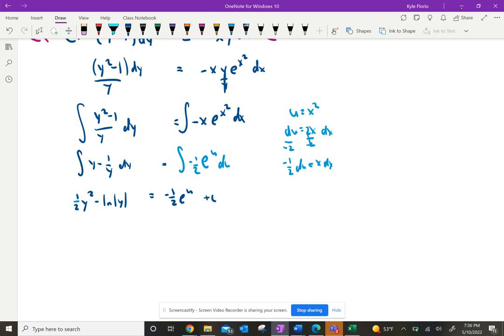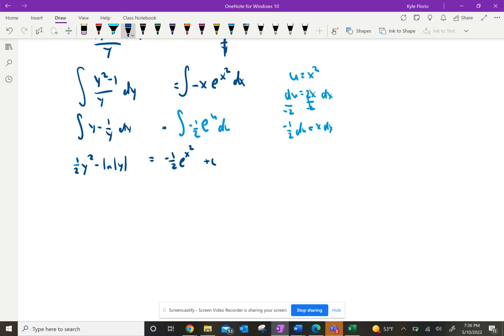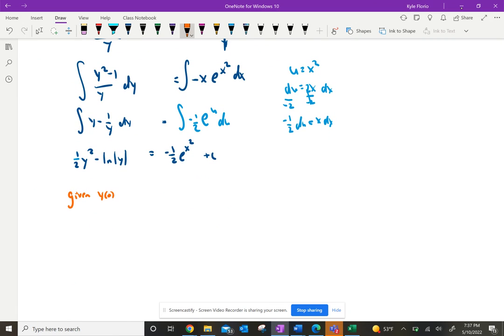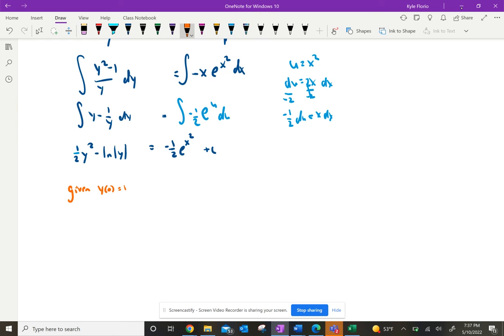Now replace u with x squared. Okay. Now I'm going to actually try to solve this equation for c. We're given y of 0 is 1. So I'm going to replace y with 1 and the x's with 0.